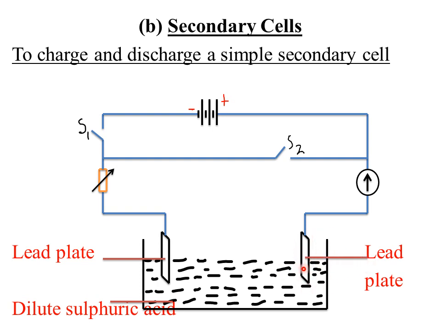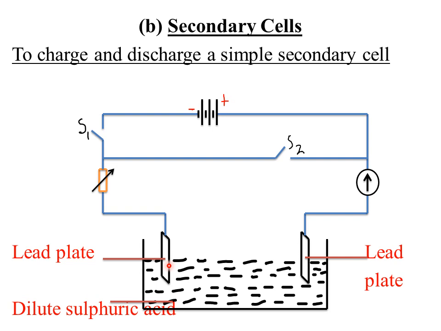So during charging, sulfuric acid is electrolyzed, giving off oxygen at the anode and hydrogen at the cathode. Remember, hydrogen is usually H plus, meaning it is positively charged, so it will always be attracted to the negative terminal or negative plate.